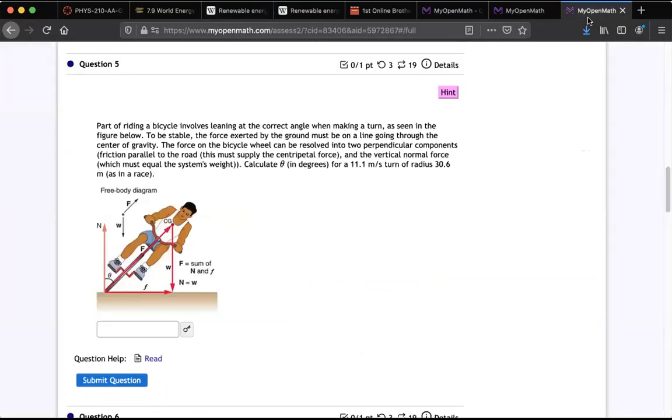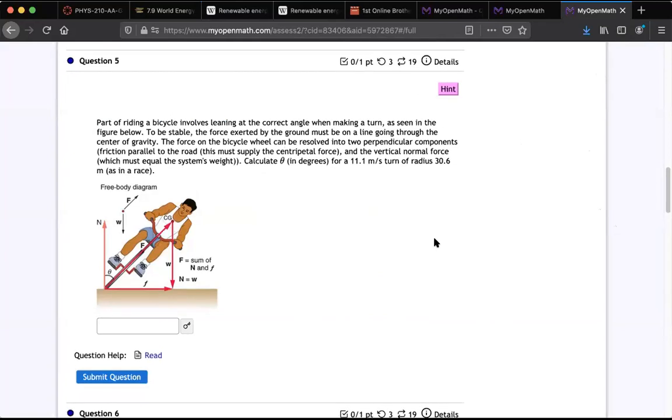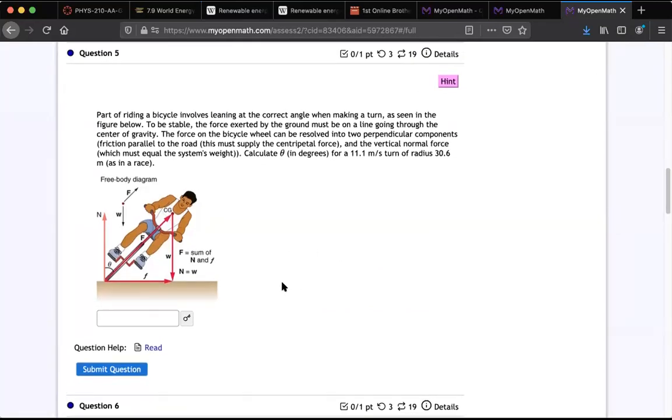Okay, so what am I looking for? Here we go. I wanted to take a look at this problem here. It looks like several people missed this, and I think knowing how to do this will maybe help you slightly on the midterm. So it says if you ride a bicycle, you've got to lean at the correct angle when you make a turn, as seen in the figure.